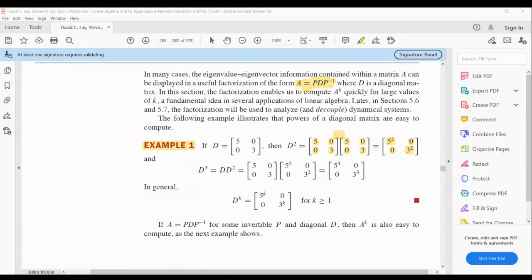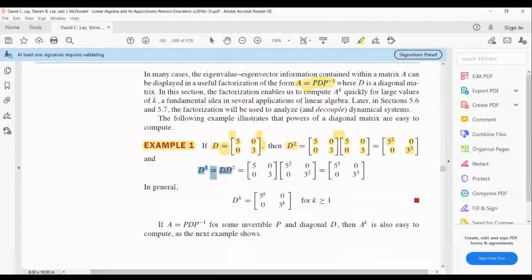Okay, so my screen's good, right? People can see example 1? Good. Thank you, everybody. So in example 1, D is this diagonal matrix, and if you square it, you're doing matrix multiplication, and the product matrix is just the matrix with diagonal entries that are squared.